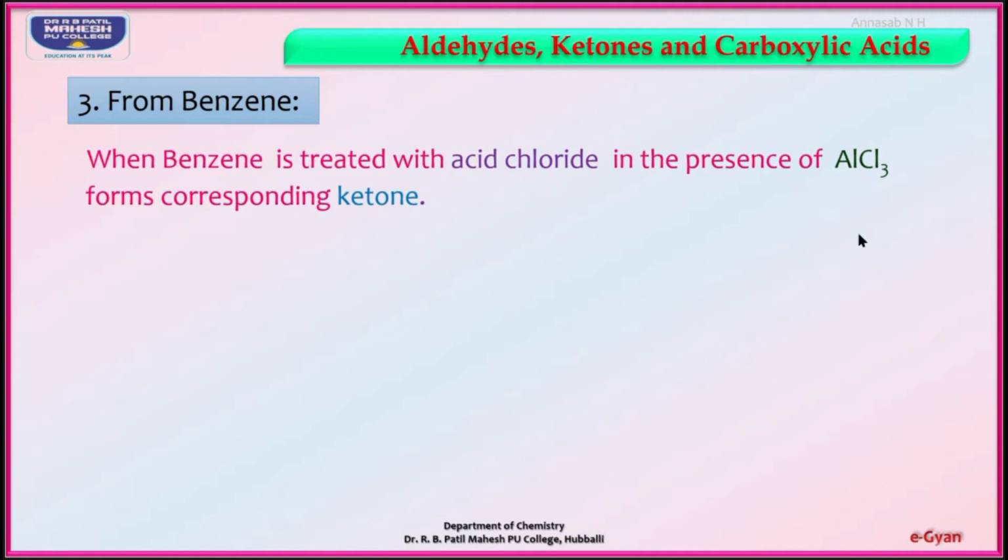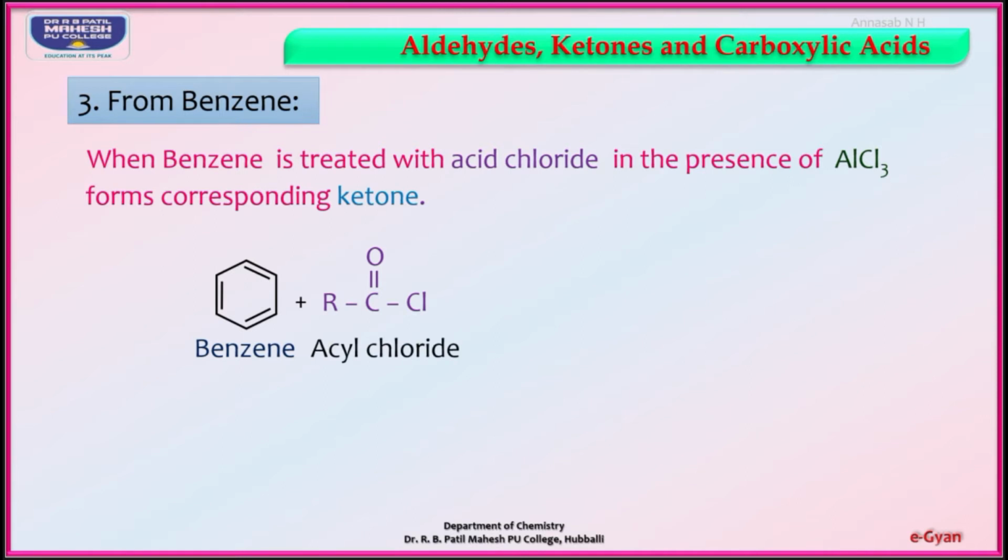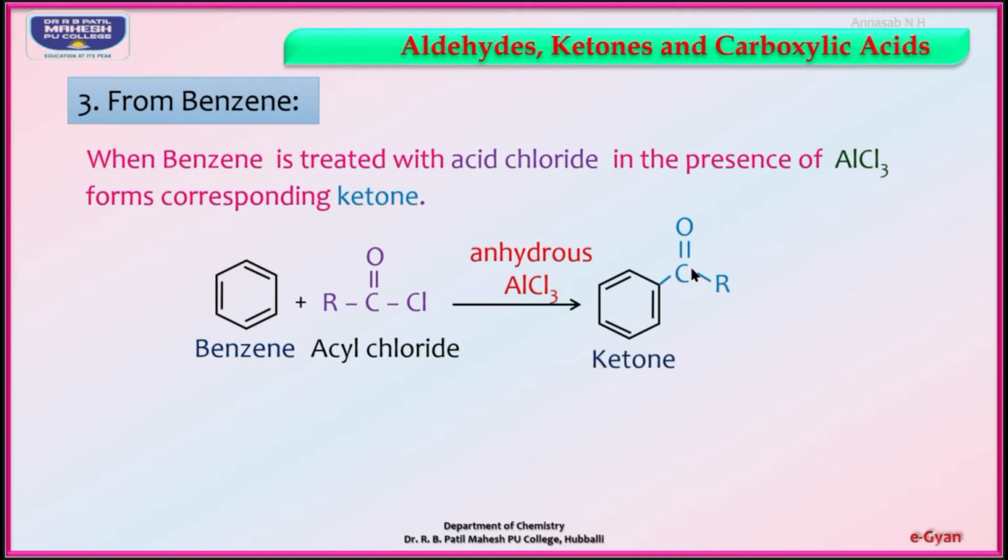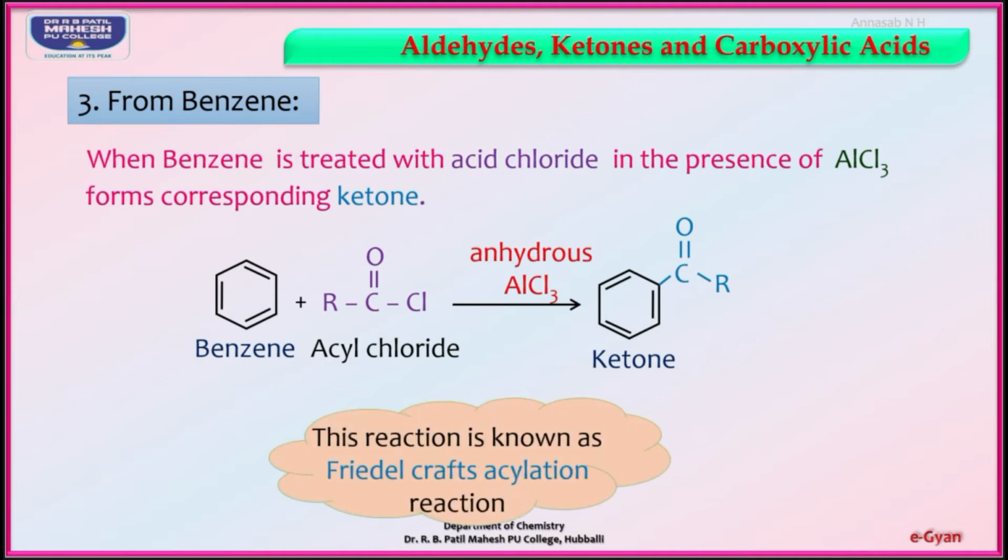Acid chloride in presence of anhydrous AlCl3 means Friedel-Crafts acylation process. So when benzene is treated with acid chloride RCOCl in presence of anhydrous AlCl3, it forms alkyl phenyl ketone. This reaction is known as Friedel-Crafts acylation reaction.